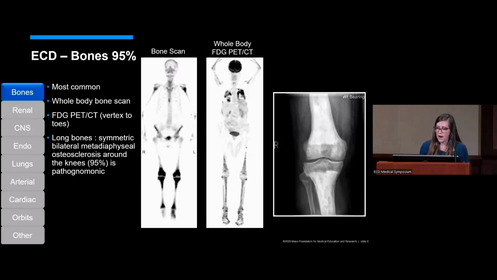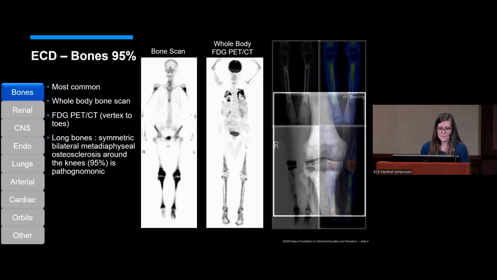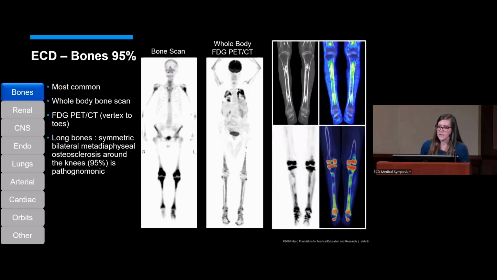In the radiograph here, you can see the most common site of involvement with the osteosclerosis in the metadiaphyseal region around the knees. Here are some more images from a PET-CT. You see coronal images of the lower extremities where you have those sclerotic lesions that are FDG avid.